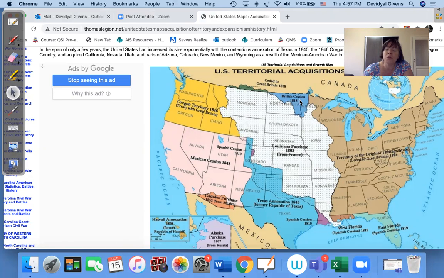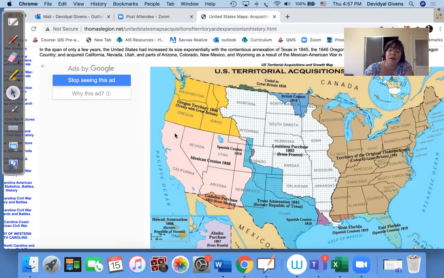They got this blue part from Canada. They got this yellow part from Great Britain. They just took this blue part here. It was part of Mexico, and they just took it. They said, this is ours. They got this green part down here from Spain.